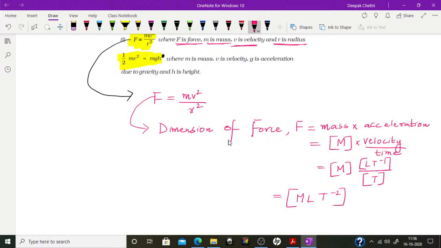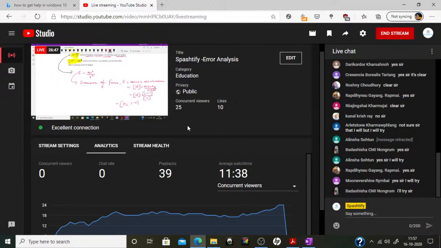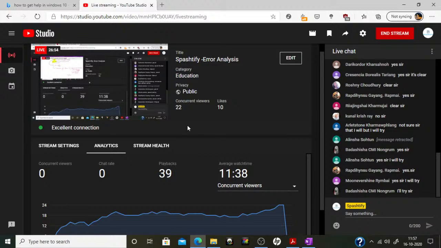So this is the dimension of force. Is this clear or not? If it's not clear, tell me. Is it clear or not?